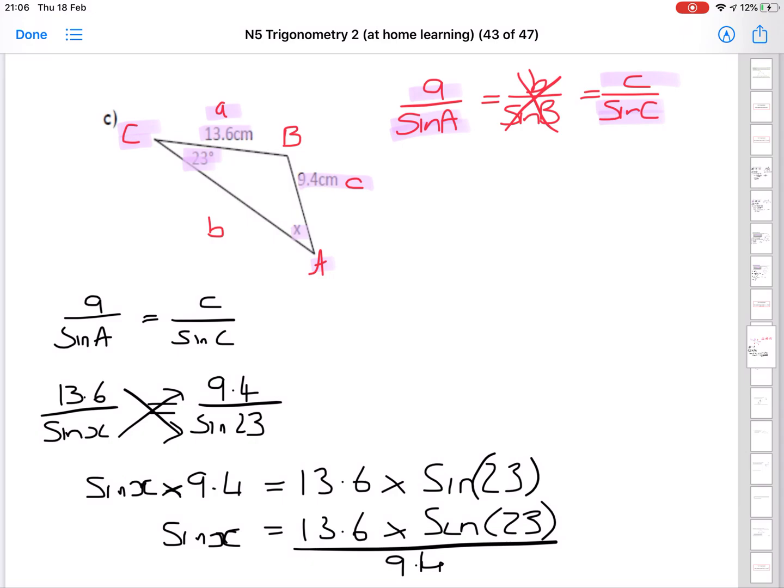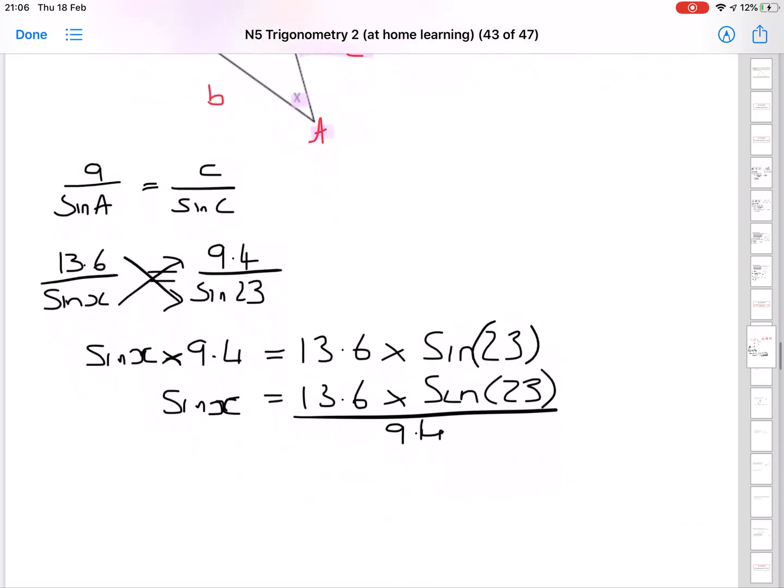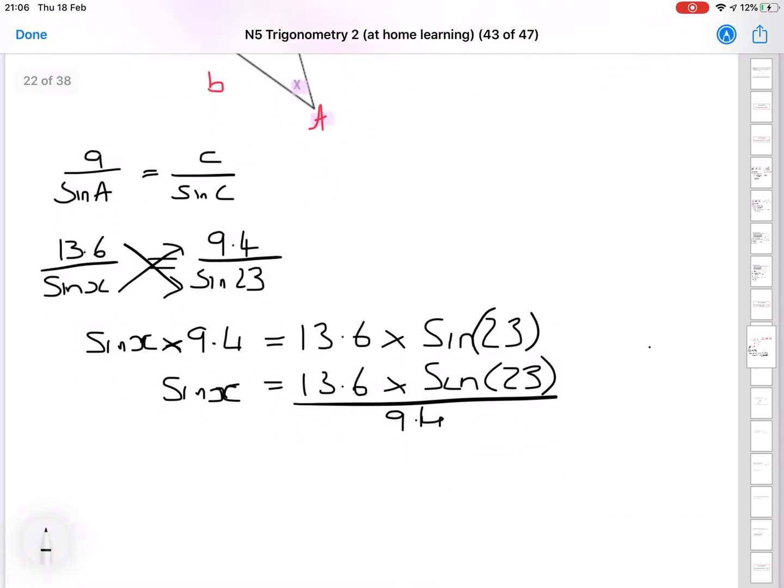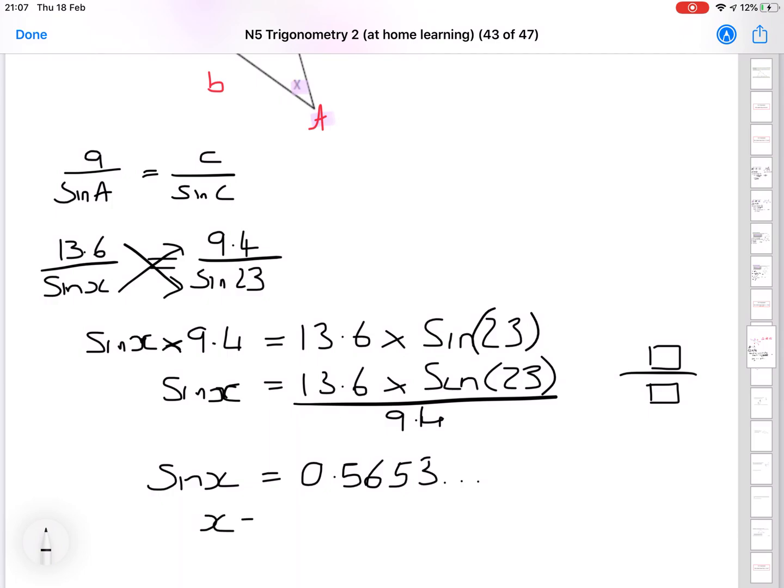When you put this into your calculator, remember, if you can use the little fraction button, that will be useful when you're doing these types of questions. If we pop this into your calculator, you're going to get for sine x a long decimal answer again, 0.5653... And then we need x, so the opposite step to sine of x would be inverse sine of that answer.